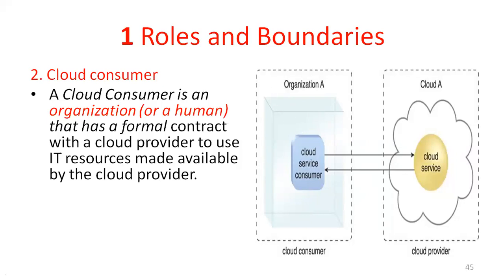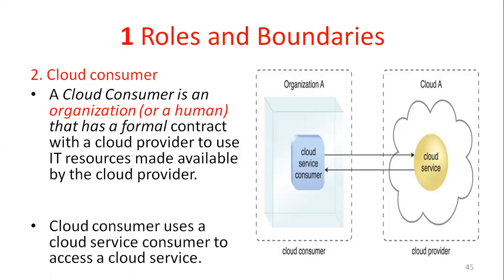The best example: Sri Vijayaniketan uses the cloud AWS, that is a simple organization. And Uma Maheshwara, that means I am the person, I am using some cloud-based services, Gmail, which is provided by Google. That means I am the consumer, a human consumer.